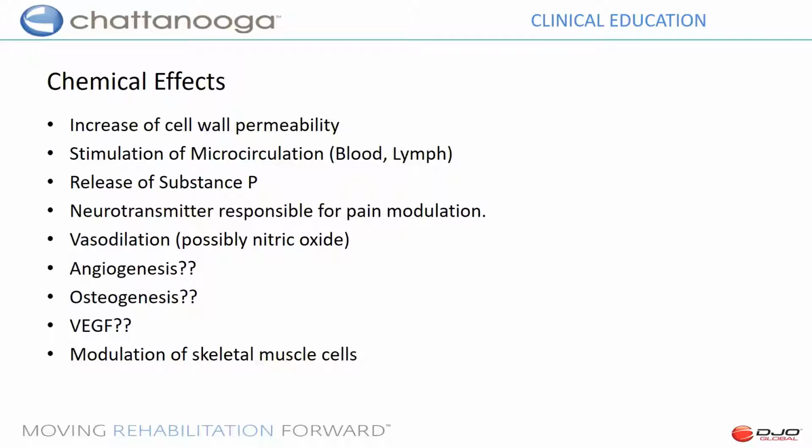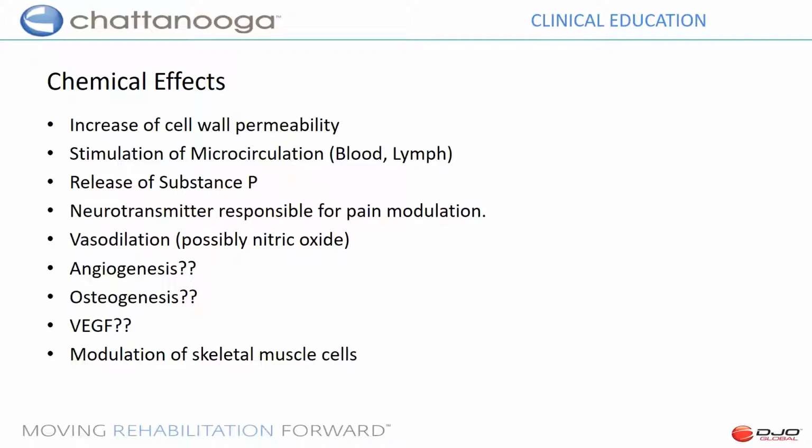So basic chemical effects, cell wall permeability, stimulation, microcirculation, release of substance P. So that's especially with radial pressure wave. It's kind of interesting because we're also getting a decrease in nociception because of superficially stimulating free nerve endings, because with radial pressure wave, the amount of energy is greatest at the device itself, the applicator, and then dissipates as it goes into the tissue.